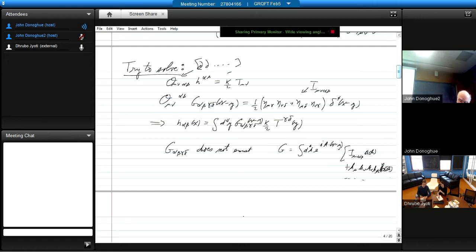It's just like if you're trying to solve d mu F mu nu equals J nu, and you're trying to find the Green's function: box G mu nu minus D mu D nu, G mu lambda is delta, well, it would be delta 4 of x minus y, eta, what are my indices?